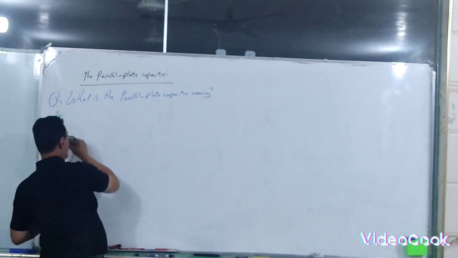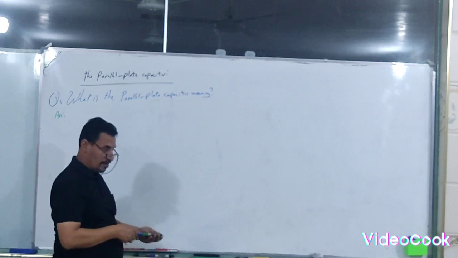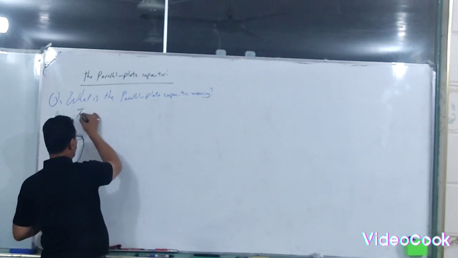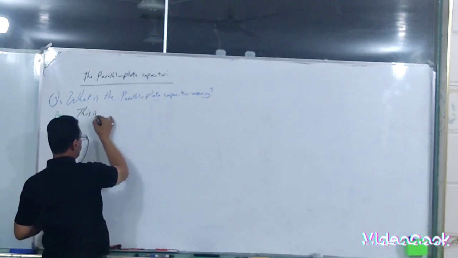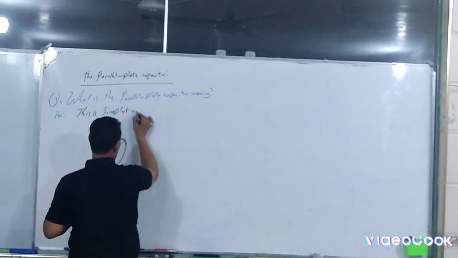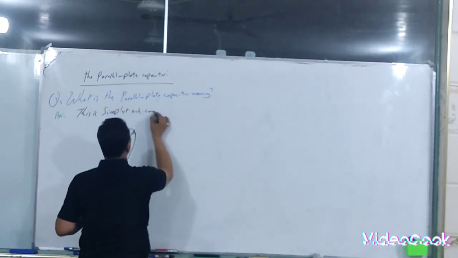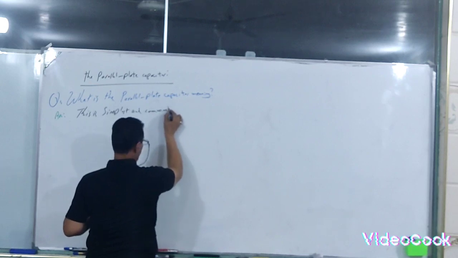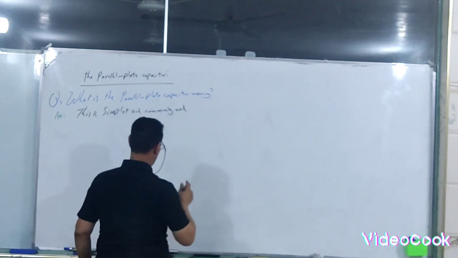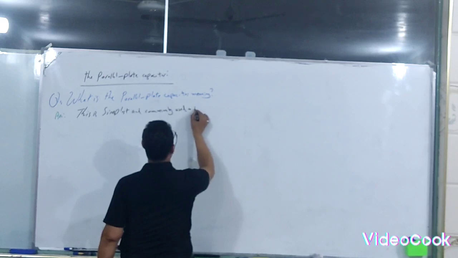The parallel plate capacitor is the simplest and the most commonly used form of capacitors.